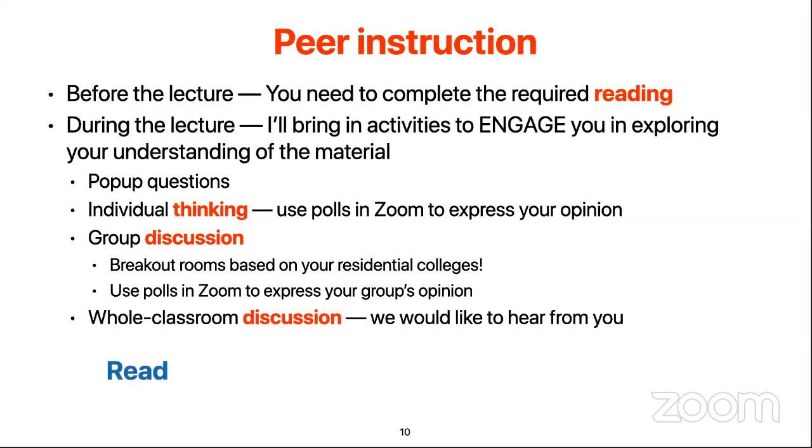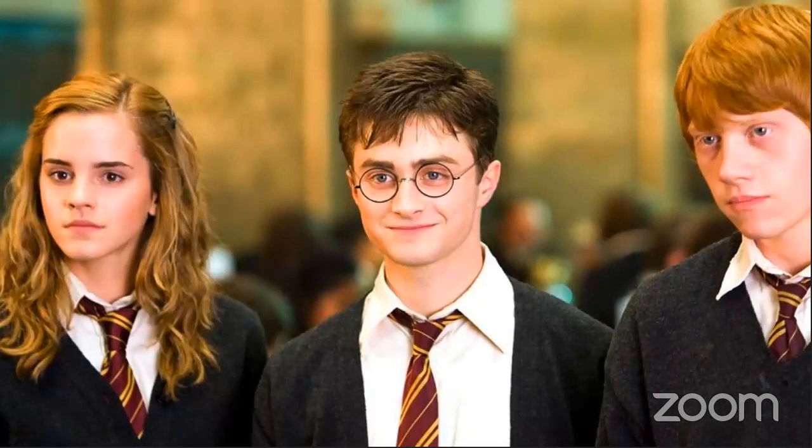The process is still the same, but we just discuss it virtually. One thing I find interesting about UC San Diego is that we have 6 colleges, so it's something like Harry Potter. However, a lot of students, after they are done with student housing, don't feel any connection with the residential college. So hopefully through this class, you will get reconnected with friends that you met in the past.